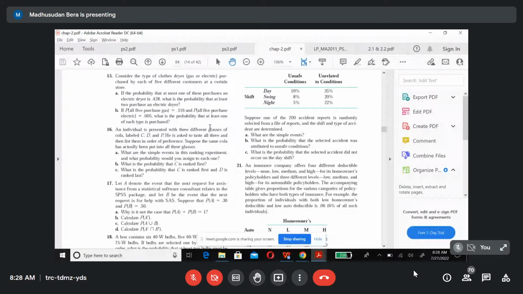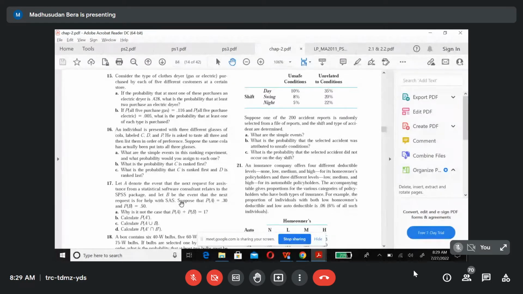So each simple event probability will be 1 by 6, because actually the same cola was filled in C, D and P. All the glasses have the same cola. That's why they are equally likely. So we will assign equal probability to each of them. Is that okay?